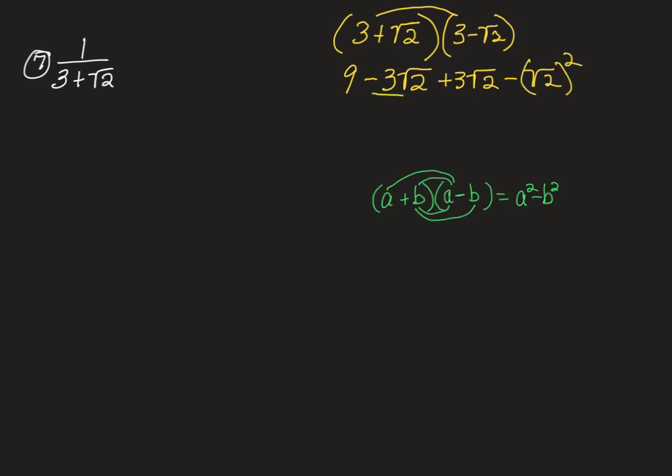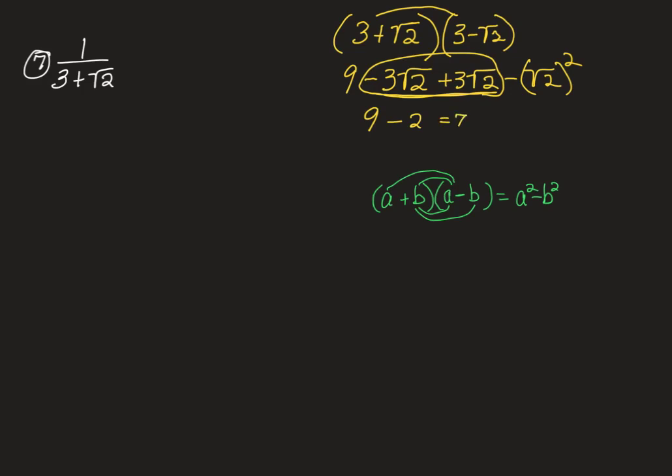And look at that. The middle terms add to be 0. So we have 9, and then minus the square root of 2 squared is 2, or it equals 7.